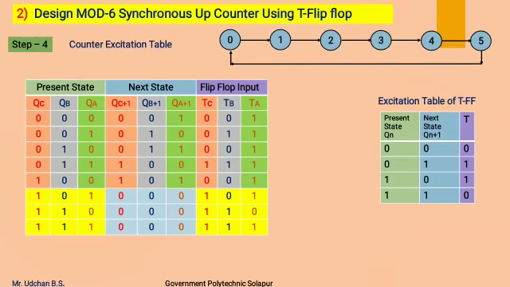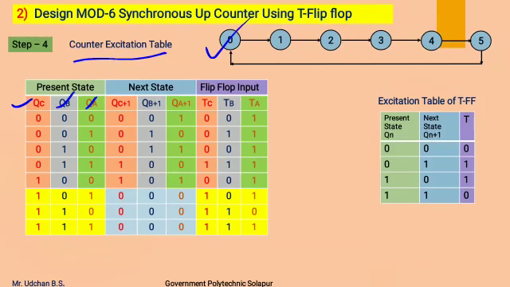So by keeping in mind this state diagram, we have to write the counter excitation table. Again, as we are using 3 flip-flops, the present state will have 3 outputs, that is QC, QB, QA. Next state will be QC plus 1, QB plus 1, QA plus 1, and flip-flop inputs are TC, TB, TA.